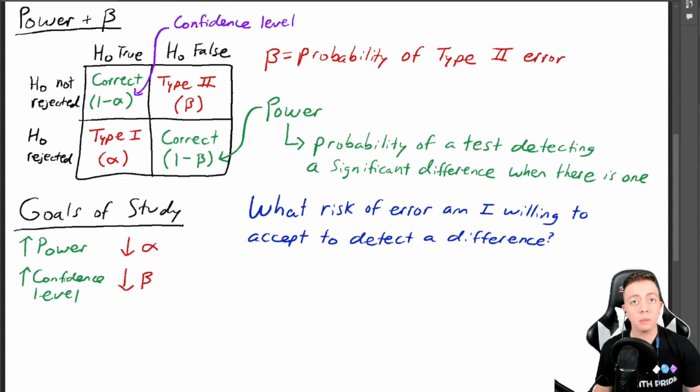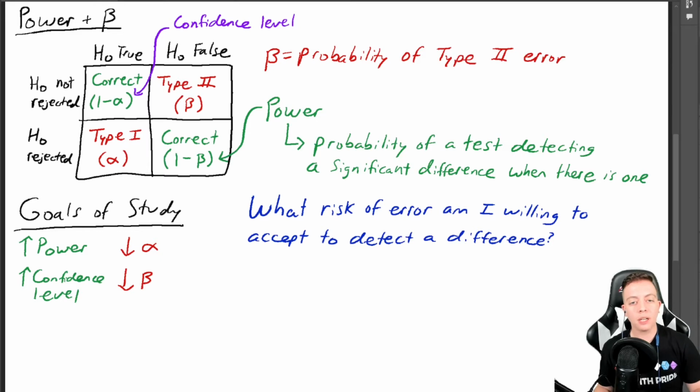I want to be able to detect any significance that is present. I also want a high confidence level. I want the ability to rule out answers that are not there, and to make sure I'm not prematurely rejecting the null hypothesis. With that, of course, I want to decrease my probability of type 1 error, and I also want to decrease the probability of type 2 error.